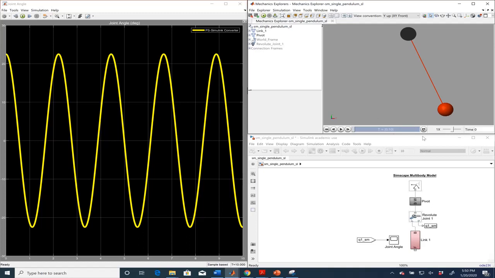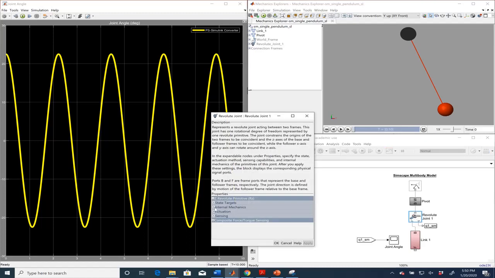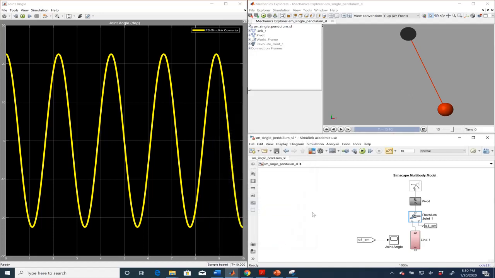The reason that happens is that there's got to be some loss, in other words, some heat generated in this pivot. What we call that is damping. I can model that. Let's say there's a little bit of loss in this pivot.